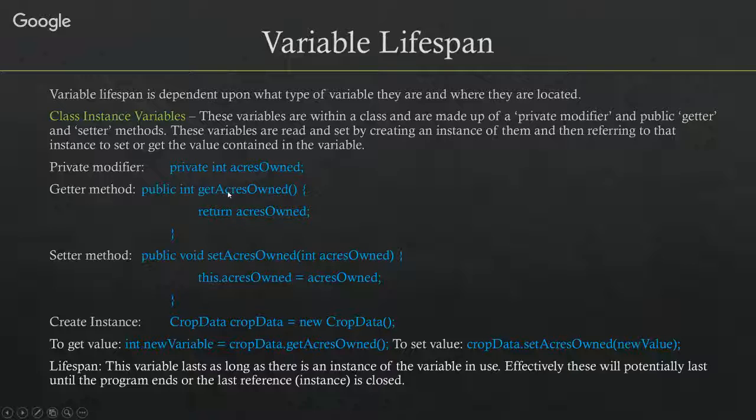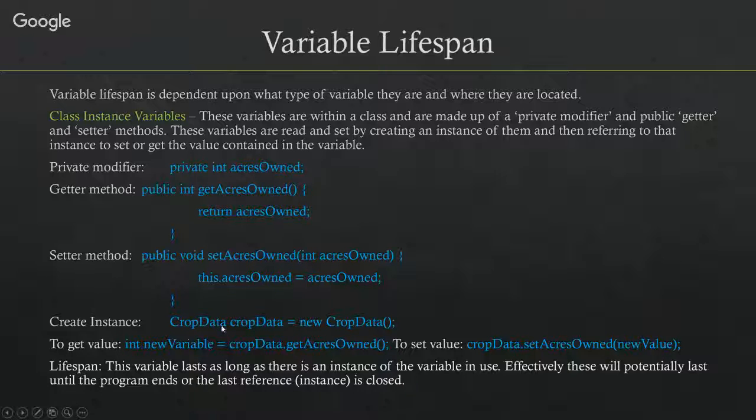Once again, if we call the get acres owned method, it will return acres owned as an integer, and we can set it from another method by calling set acres owned. This method is looking for the calling method to give it a number, an integer, and then it will take that integer and assign it to acres owned. So then it can be read back in whenever we want to.